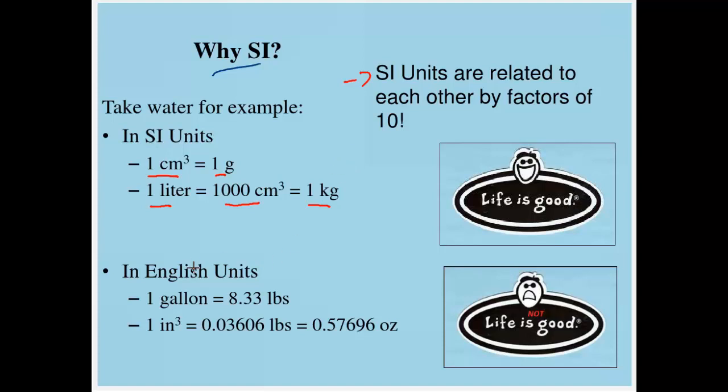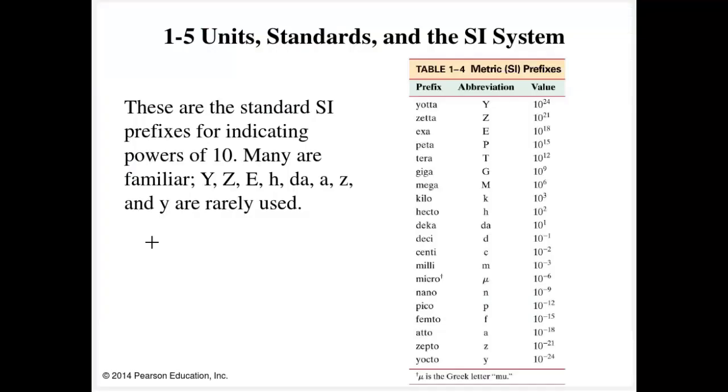Pretty easy. If we think about, in the English system, a gallon of water, if you're a backpacker, you know that's about 8 pounds or 8.33 pounds. A cubic inch of water is going to be this god-awful number in pounds, and this even less attractive number in ounces. So working in the SI system really does make conversions much easier.